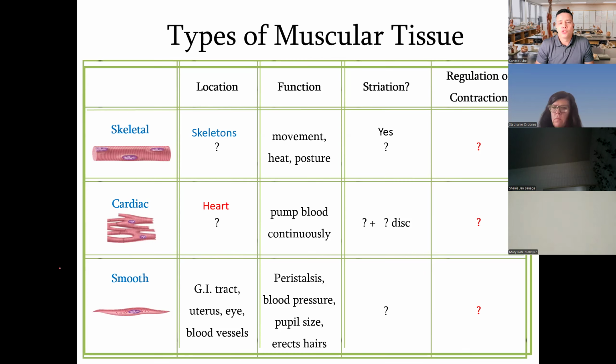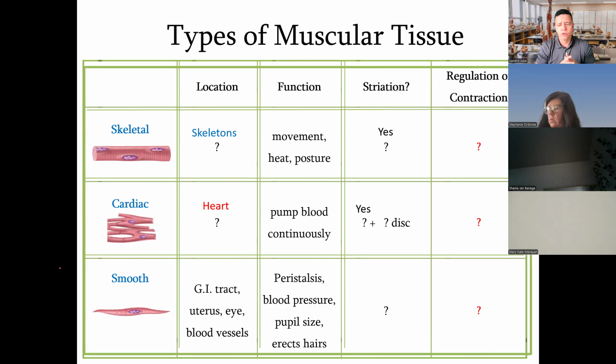Now, we will find striations both in the skeletal and the cardiac. What are these striations? These striations are structures that help cell-to-cell communication. And that cell-to-cell communication is very crucial for the function of the skeletal muscle.